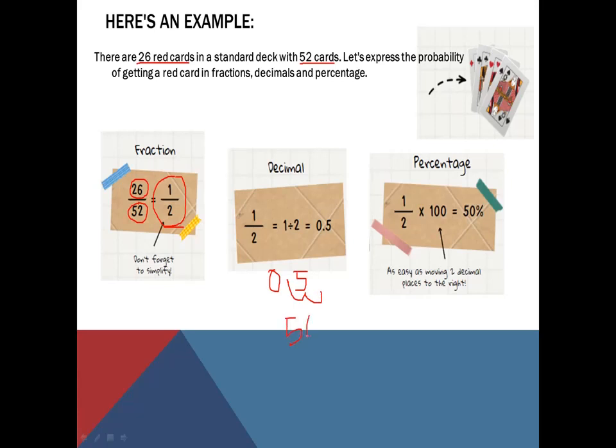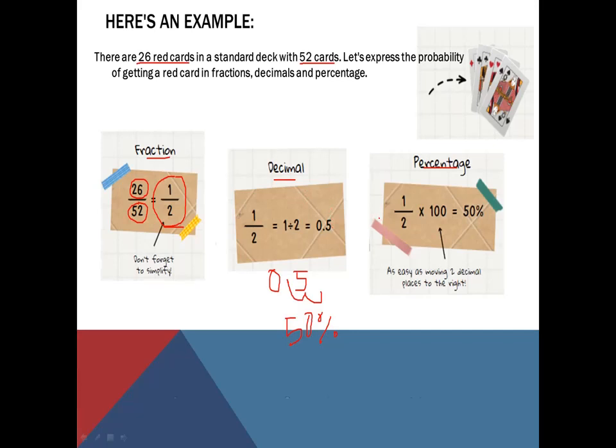So 0.5 becomes 50%. As you can see, in probability we can express our answers in three different ways: fraction, decimal, or percentage. They are equivalent: 1/2, 0.5, and 50%.